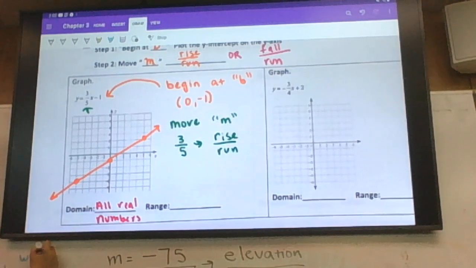So when I look at a word problem, the reason the domain and range is more complicated on a word problem, like this one that was negative 4,000, right? And it went down. And the x-axis was time. There's no negative time. So for domain on this one, I would say between 0, because the x value here is 0, because you don't have negative time.